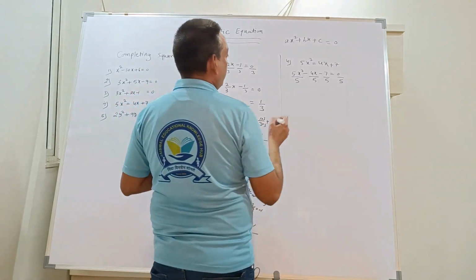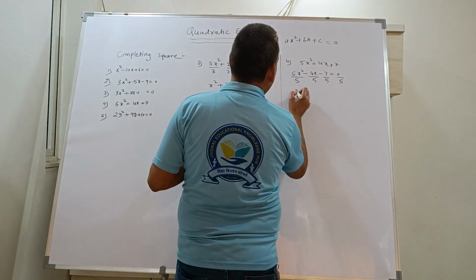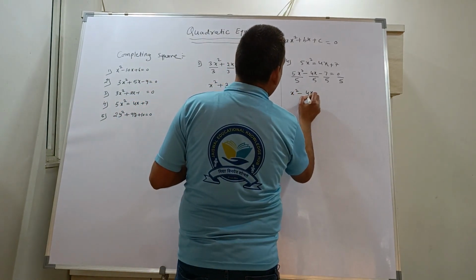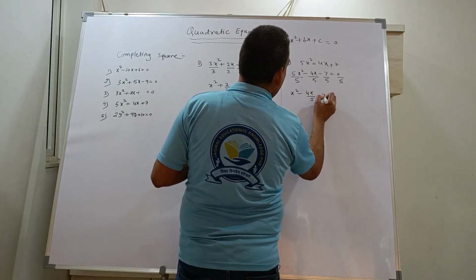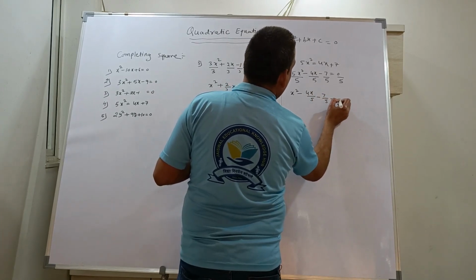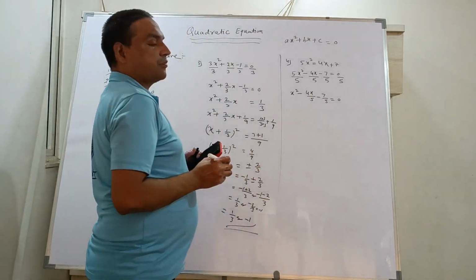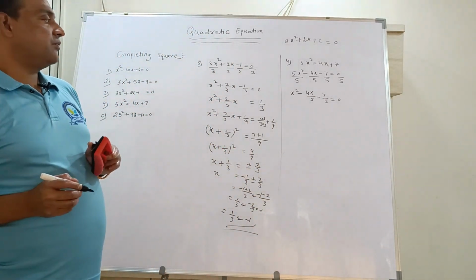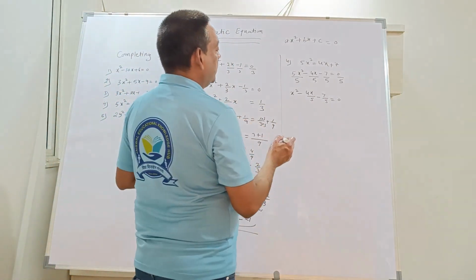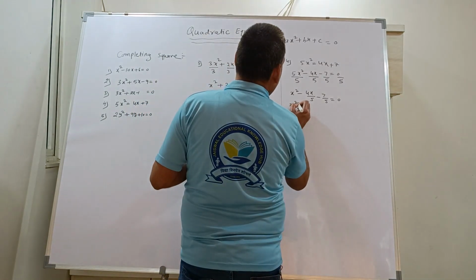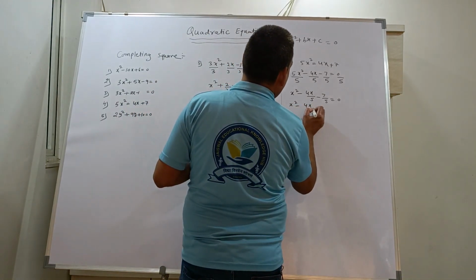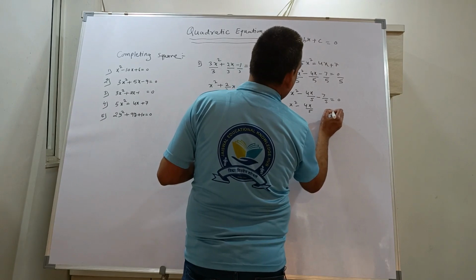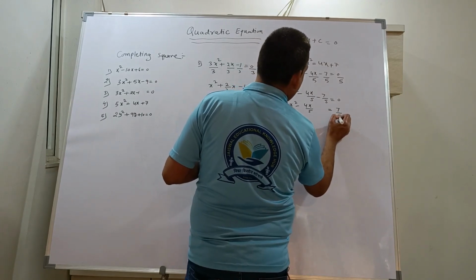So this becomes x square minus 4x upon 5 minus 7 upon 5 is equal to 0. Then the next step, we take the constant term to the other side. So it becomes x square minus 4x upon 5 is equal to 7 upon 5.